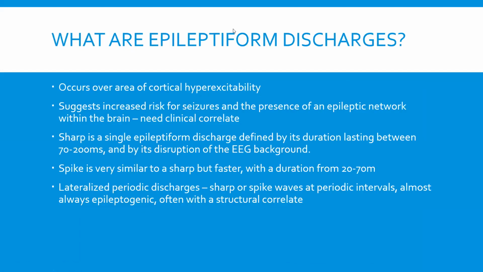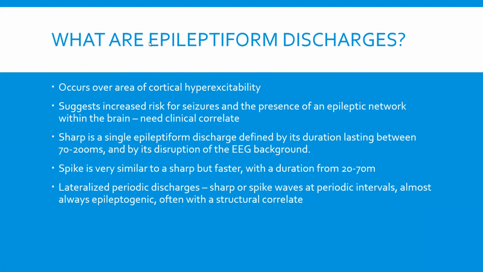All right, moving on. Let's talk about epileptiform discharges. What are epileptiform discharges? These are abnormal activity that occur over an area of the brain that has cortical hyperexcitability. These are the parts of the brain that are primed to have seizures, primed to have abnormal, synchronized activity.